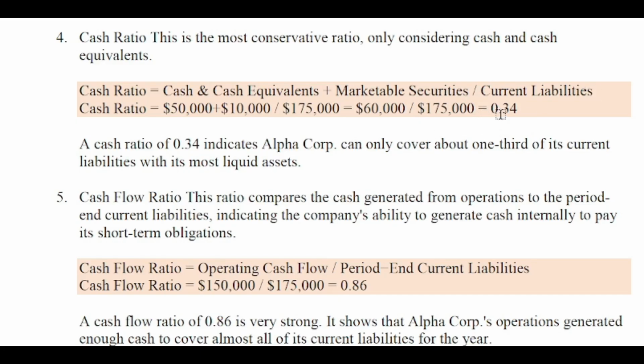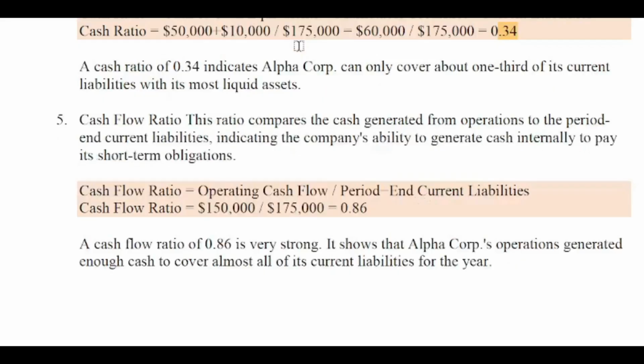So the cash ratio is 0.34. This 0.34 indicates that this company can set off 34% of its current liabilities by only using cash and cash equivalents. Or we can interpret it another way, which means the company has 34 cents of cash and cash equivalents for every $1 of current liabilities. This is cash ratio.